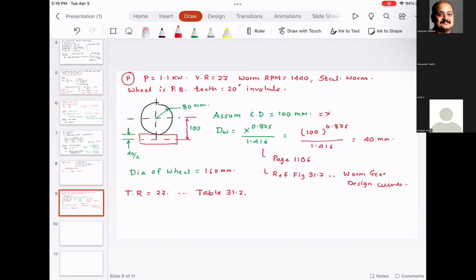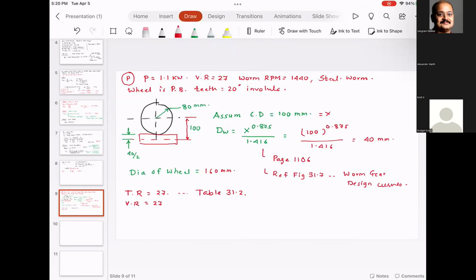On table 31.2, you have the velocity ratio, which is the same as the transmission ratio. For 27, it will recommend whether to use a single start worm or a multi-start worm, meaning double start, triple start, or quadruple start.